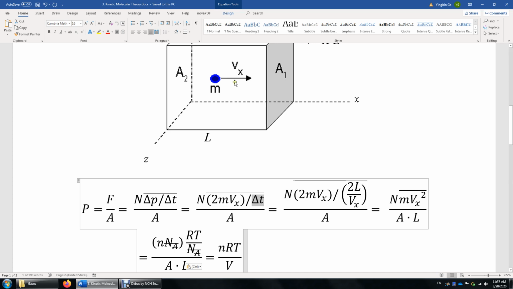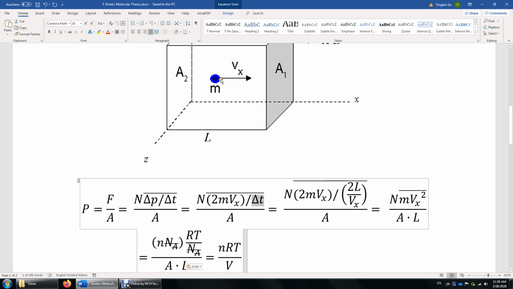Let's imagine it collides with A1 and then bounces back. It's going to move towards A2 at the same speed. And then another collision happens on A2, which will change the direction of the motion of the particle. It's going to move towards the right again and bounce to A1.